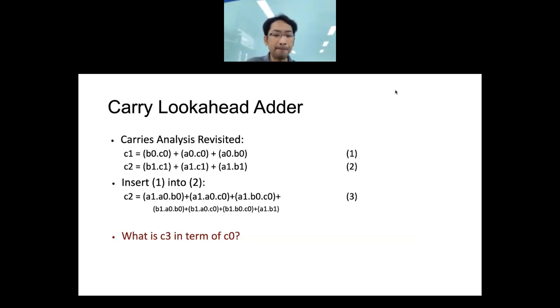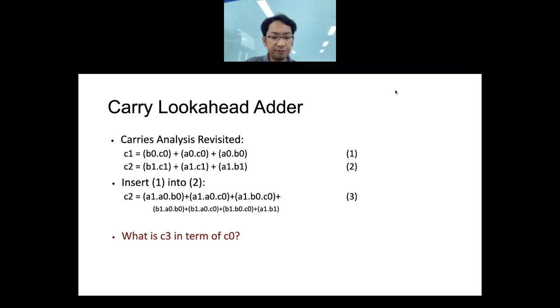Look at the simple concept here. We have C1 like this. This is the equation to calculate C1, and here is C2. What happened here?